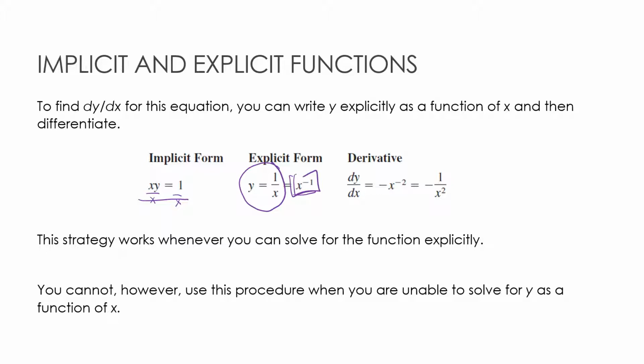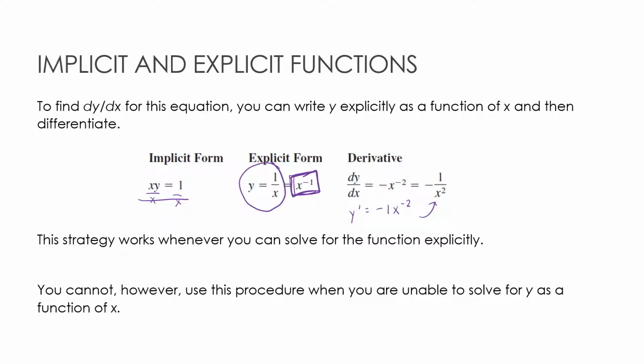Then to find the derivative of that function, I'm going to use x to the negative 1, and say the derivative, y prime, would be negative 1 x to the negative 2, and then rewrite it in that form. So again, just because it's implicit doesn't mean that it's impossible.